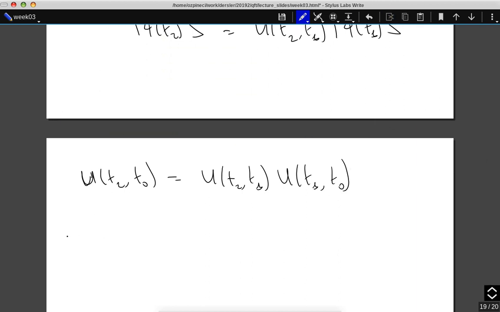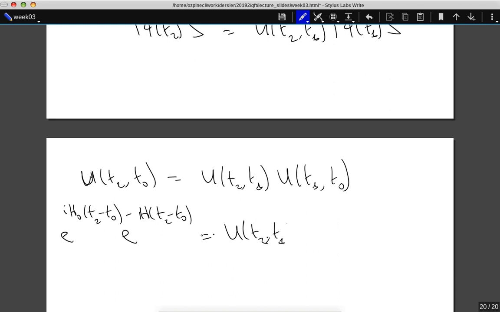Well, the left-hand side, e to power i h0 (t2 minus t0), e to power minus i h (t2 minus t0). This is equal to u of (t2, t1), e to power i h0 (t1 minus t0), e to power minus i h (t1 minus t0).